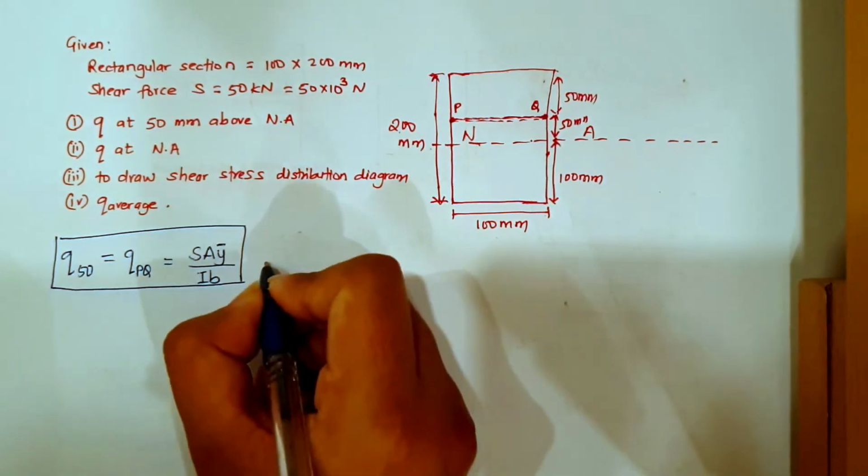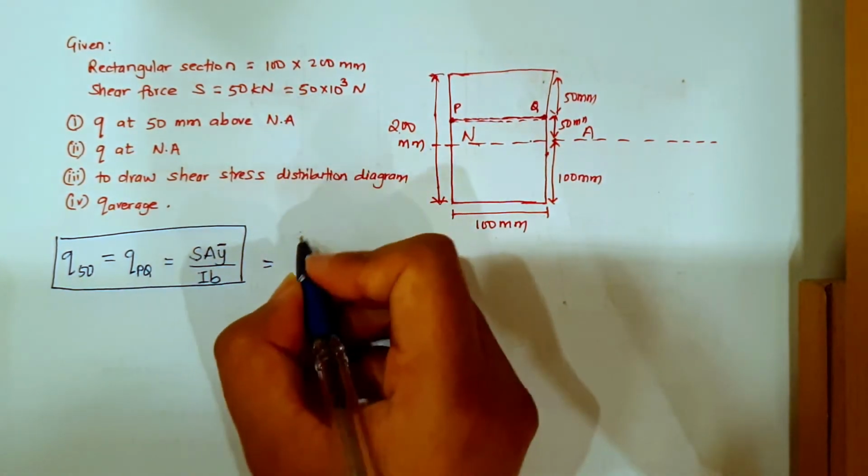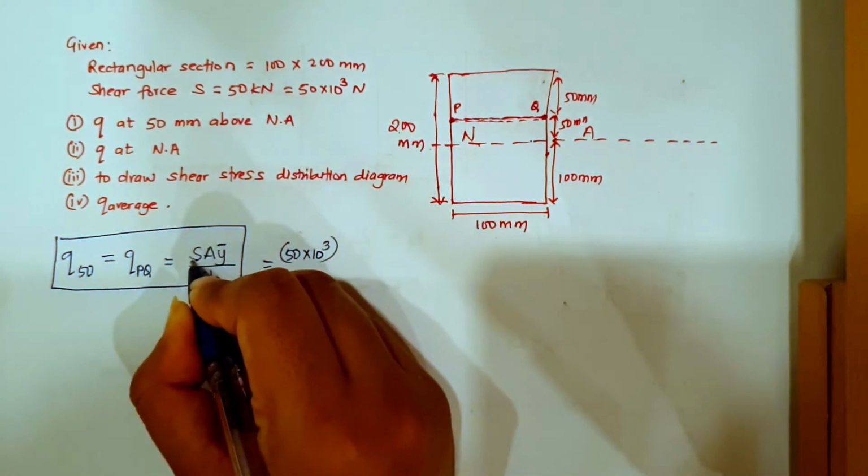So how do we find? Shear force given is 50 into 10 raised to power 3. This is my shear force.